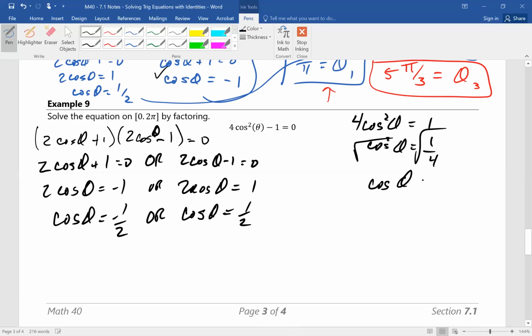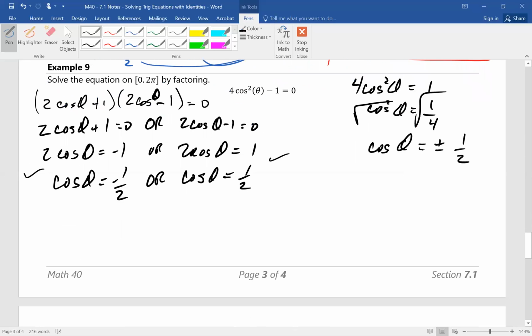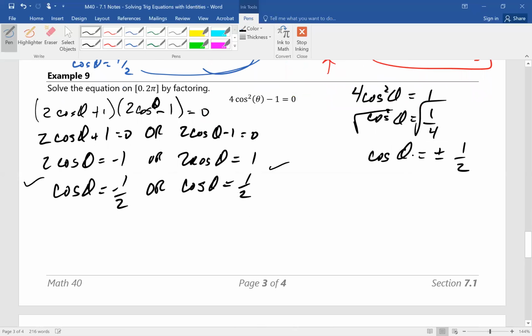Cosine theta would have equaled plus or minus 1/2, which is the same answers as we have here. So either way, algebraically, that's fine. But at that point, we again have to use inverse functions to find the angle that gives that ratio. Inverse cosine.